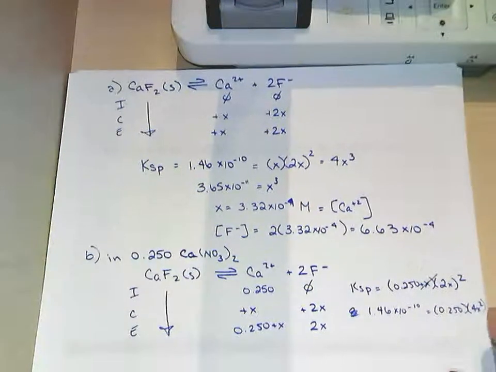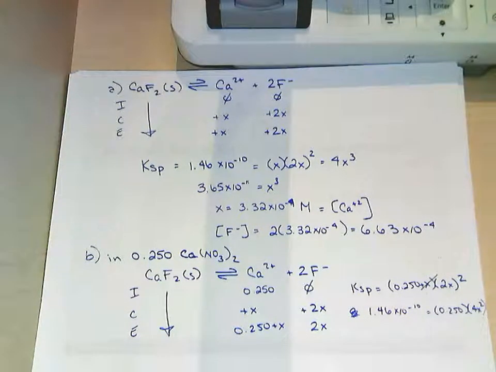So now I have 1.46 times 10 to the negative 10th equals 0.25 times 4x squared. So then take a second, do the algebra to get x by itself.